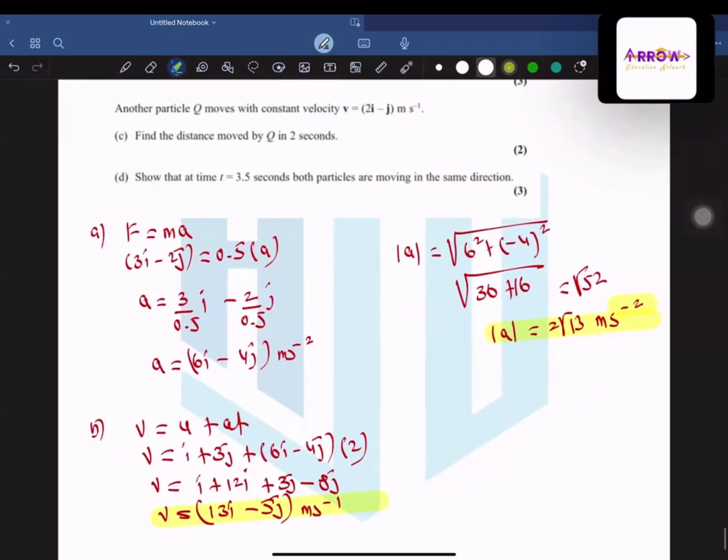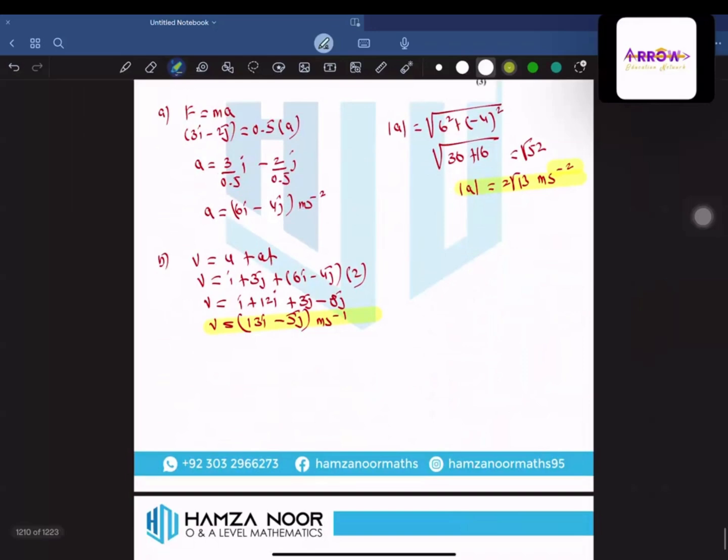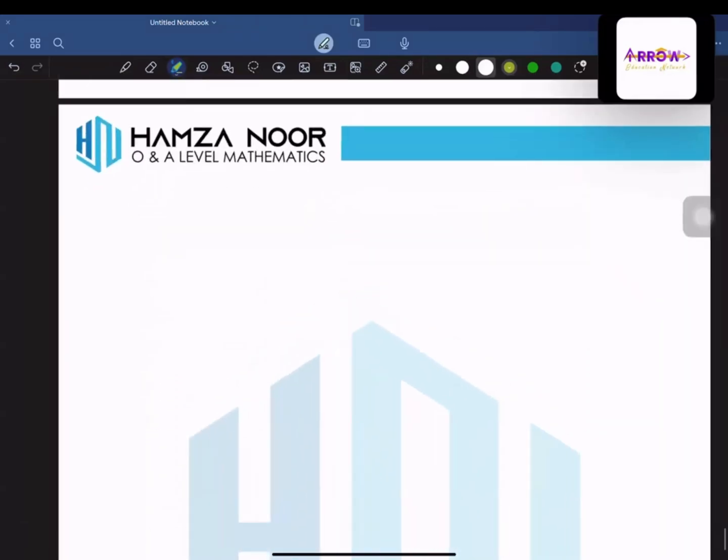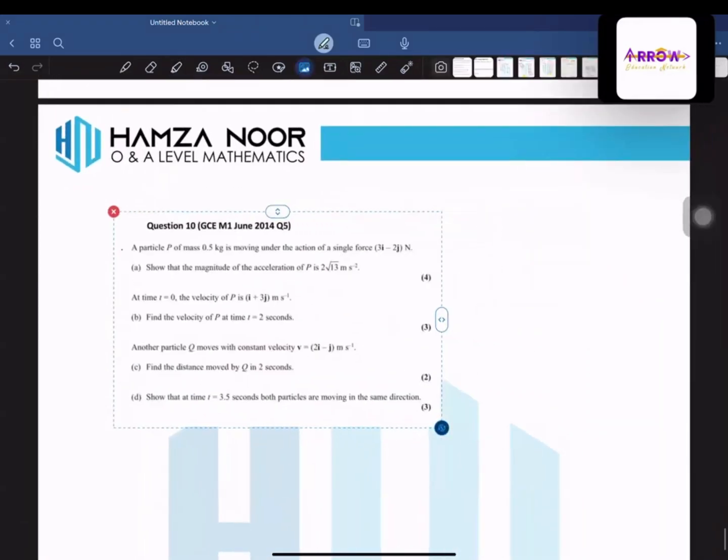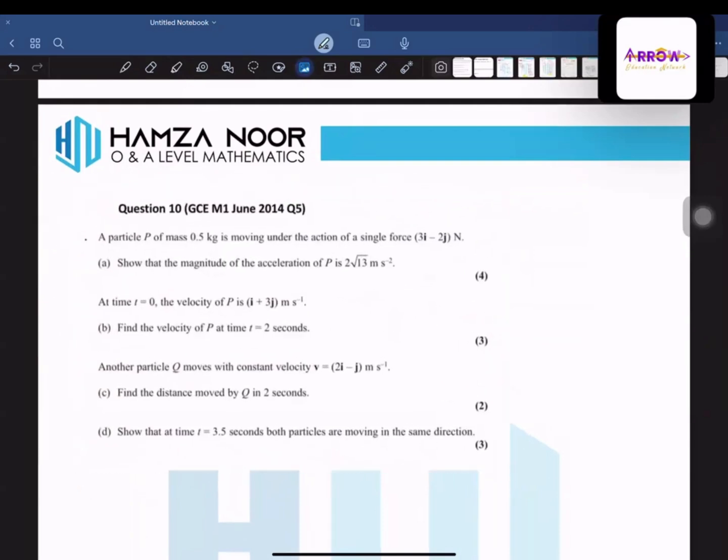Now we have another particle, and for that purpose, I'll bring the picture of the question on the next page. We have another particle Q which moves with constant velocity v, which is 2i minus j meter per second. The requirement of part C is to find the distance moved by this particle Q in 2 seconds.